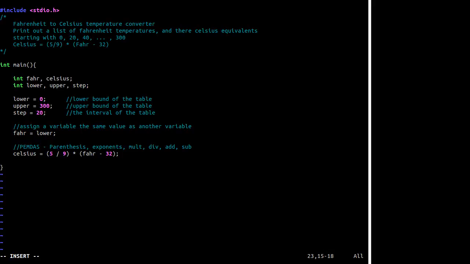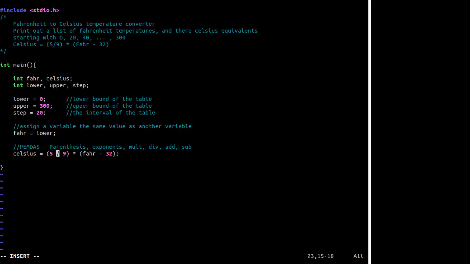So if we get rid of those decimals, we're left with 0, right? So if this 5 divided by 9 evaluates to 0, then it doesn't matter what this becomes, because anything multiplied by 0 is going to be 0. So we're going to get 0 for all our Celsiuses. So that's not going to work, right?